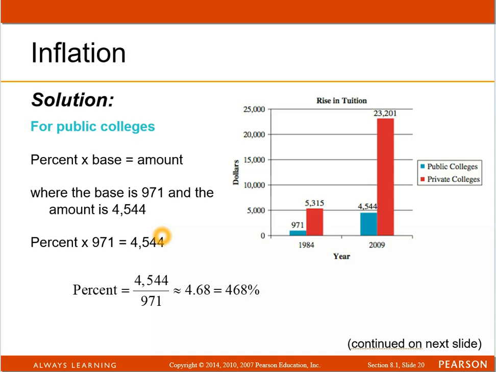But remember, it still has to be converted to a percent. So you still have to multiply by 100, which means the tuition rate has increased by 468%. Now, I don't know if this is a nationwide thing, because it says for public colleges, maybe this is on average. I don't know.